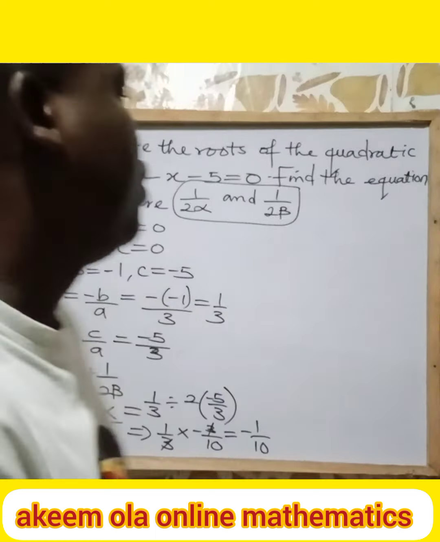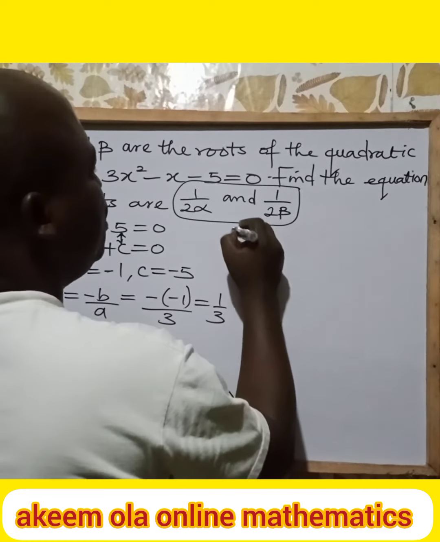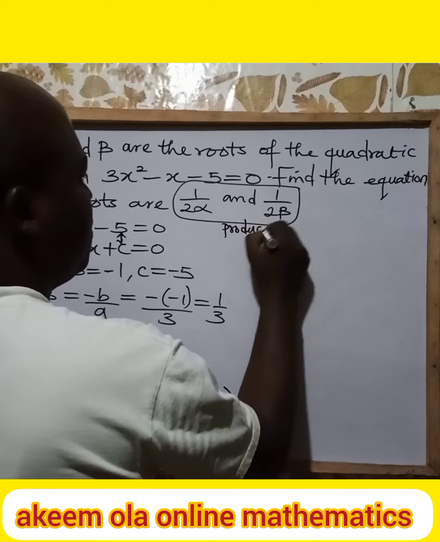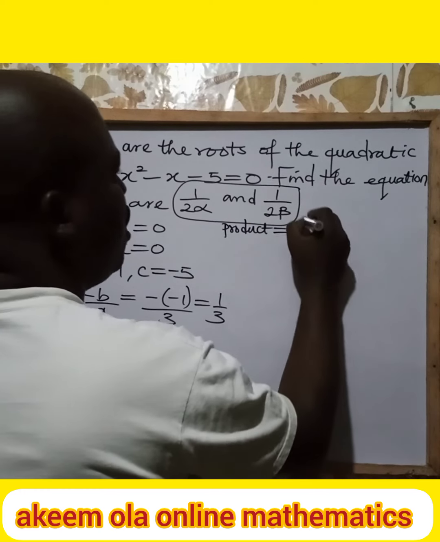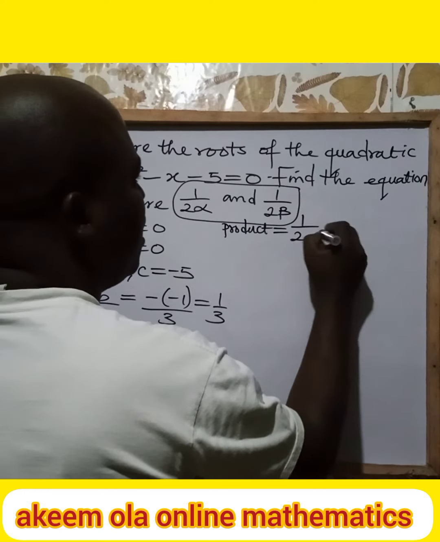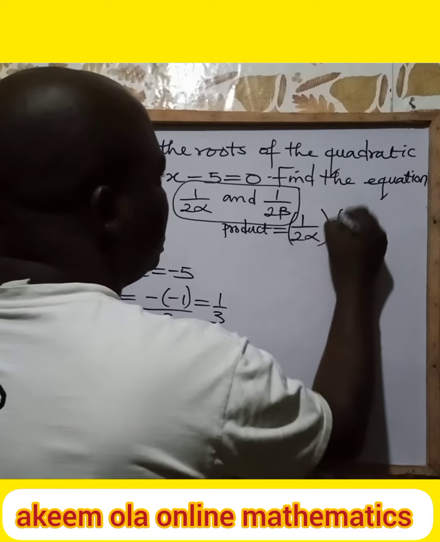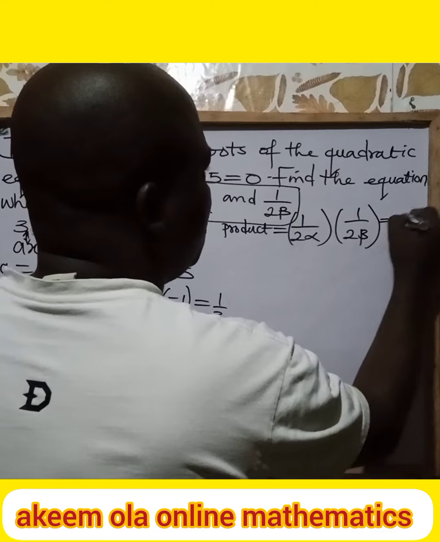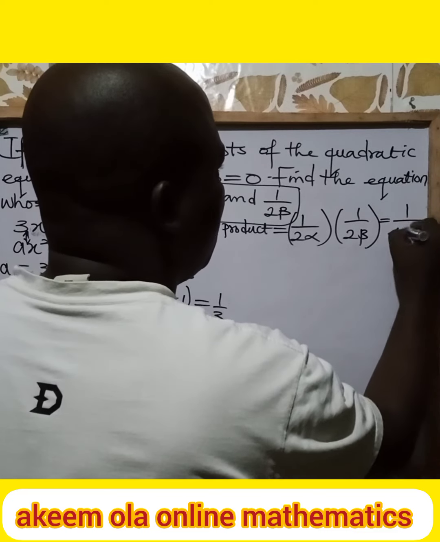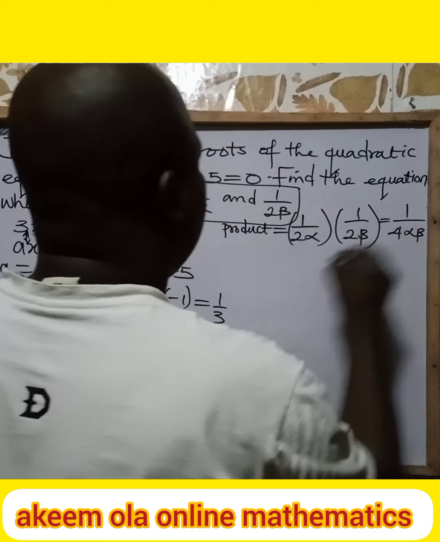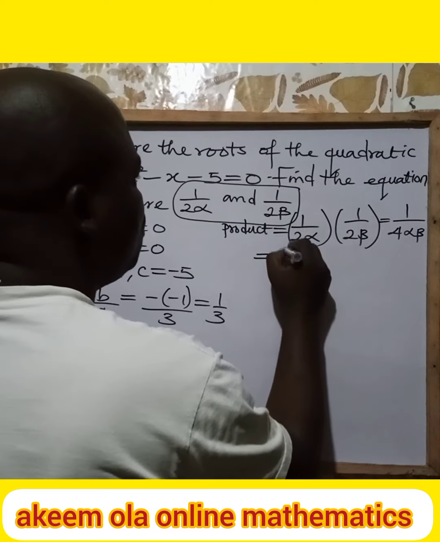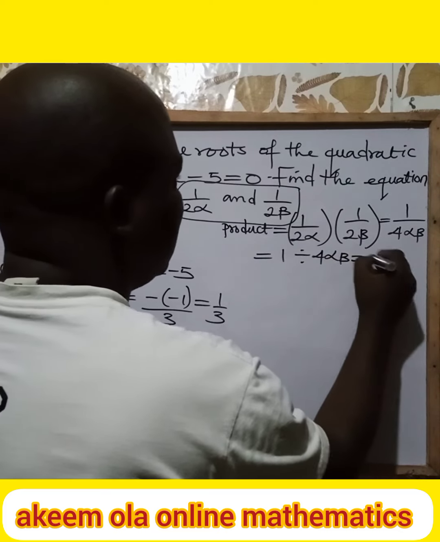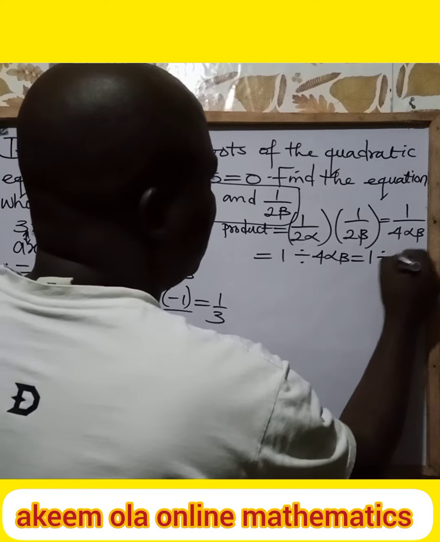Now let's get the product of the new roots. The product of the new roots will be 1 all over 2 alpha into another bracket 1 all over 2 beta, and that will of course give us 1 all over 4 alpha beta, which is the same thing as 1 divided by 4 alpha beta, and that will give us 1 divided by 4 times alpha beta.